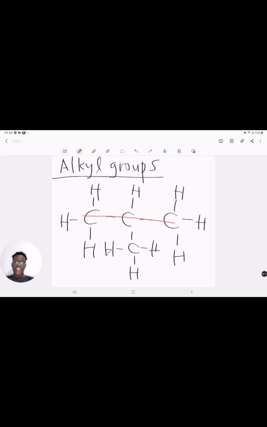Well, if this is my parent chain, this chain here has that compound attached to it. So this carbon in the middle has a bond, and it is bonded to a carbon atom, which is in turn bonded to 3 hydrogen atoms. This blue carbon atom does not form part of the chain, but rather it is attached to the chain.